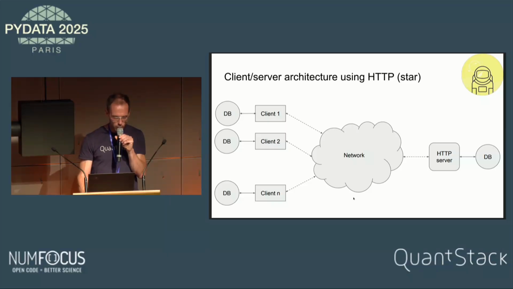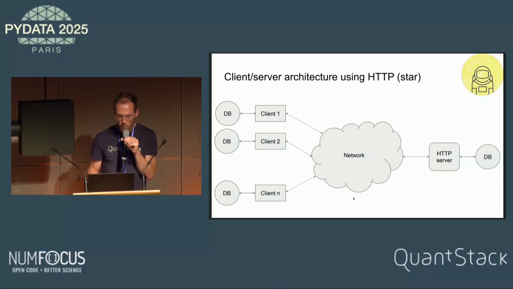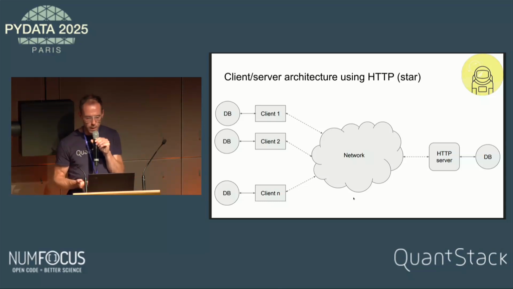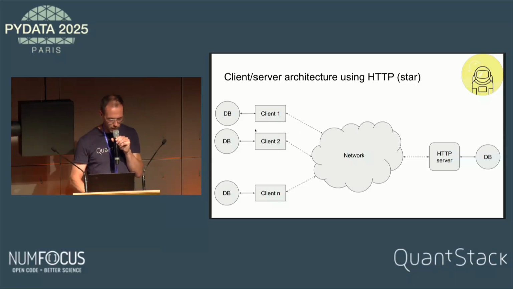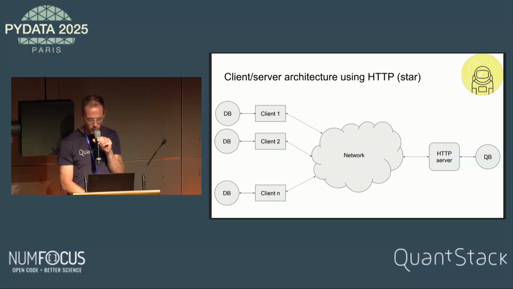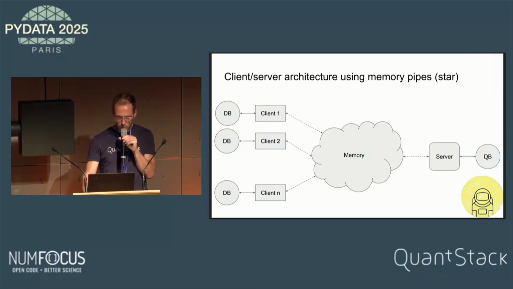So I've tested 3 combinations of architecture and transport layer. One is a client-server architecture using HTTP, so it's the star topology. Here, each client has its own copy of the database talking to a server that also has the same database.